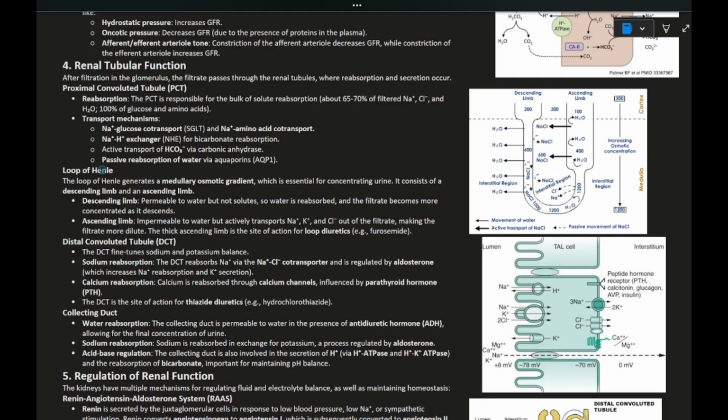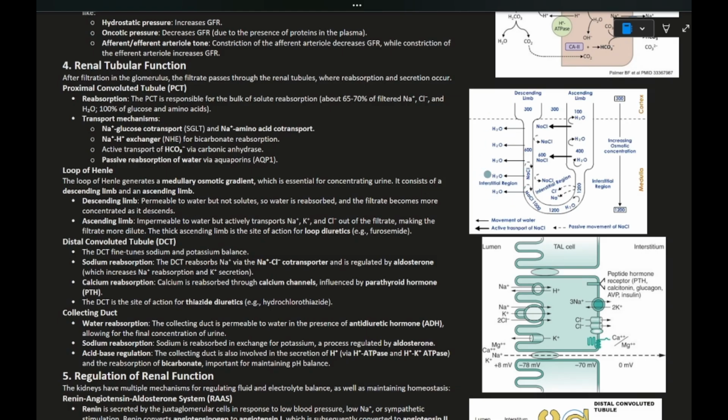The next part of the renal tubule is the loop of Henle. So the loop of Henle generates a medullary osmotic gradient, which is essential for concentrating urine. It consists of a descending limb and an ascending limb. The descending limb happens to be permeable to water, but not to solutes.